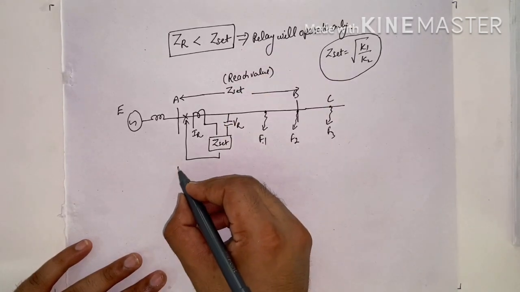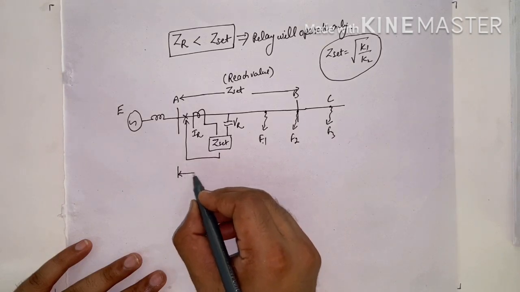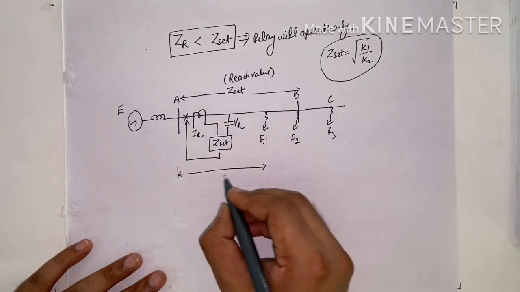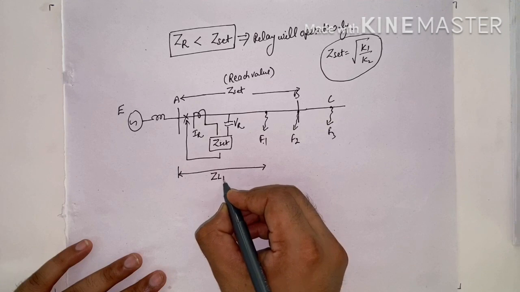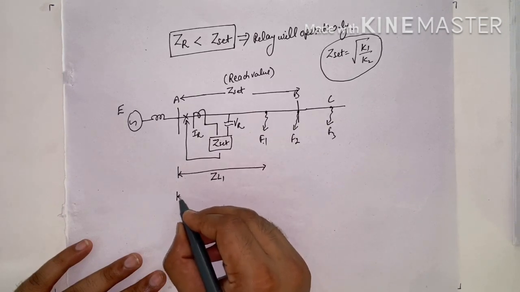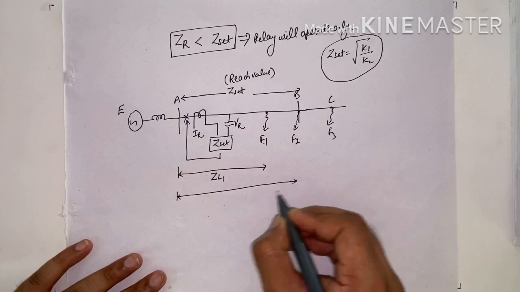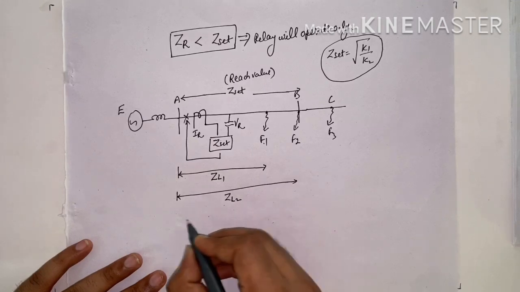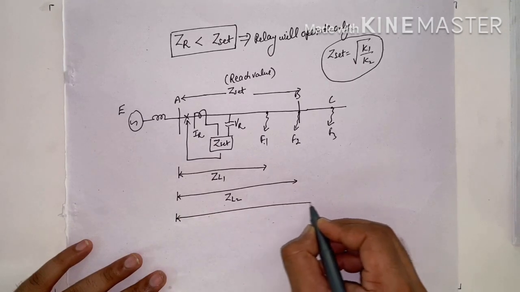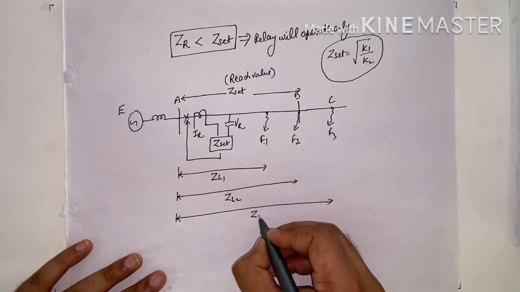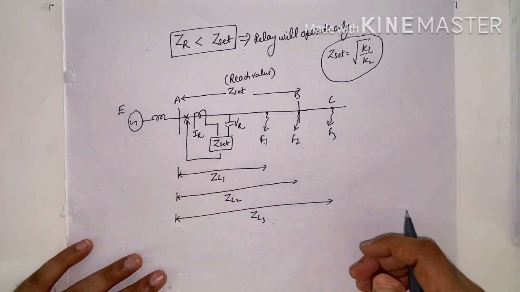Now if we consider up to this case, the value of impedance is ZL1, the value of impedance up to F2 is ZL2, and the value of impedance up to F3 is ZL3.